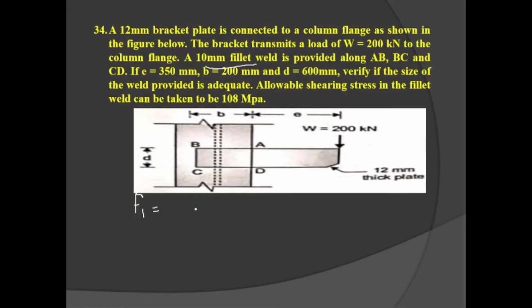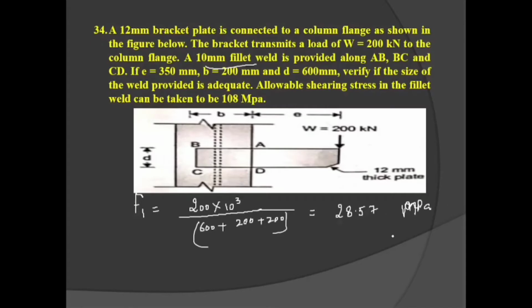Force is 200 kilonewton into 10 to the power 3, divided by area of the weld, which will be AB plus BC plus CD, that is 600 plus 200 plus 200. Now this value is equal to 28.57 megapascal.